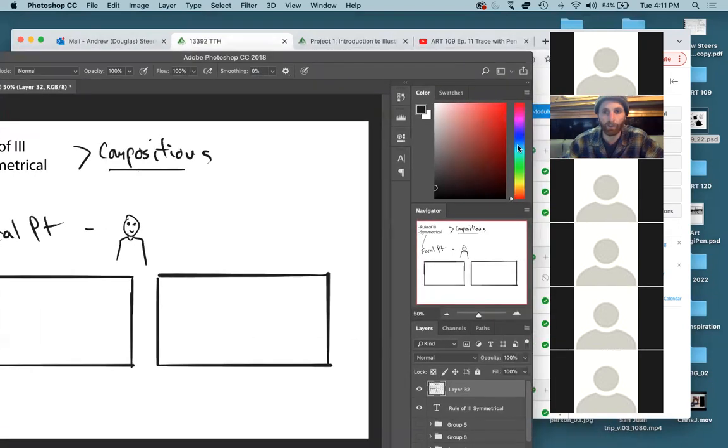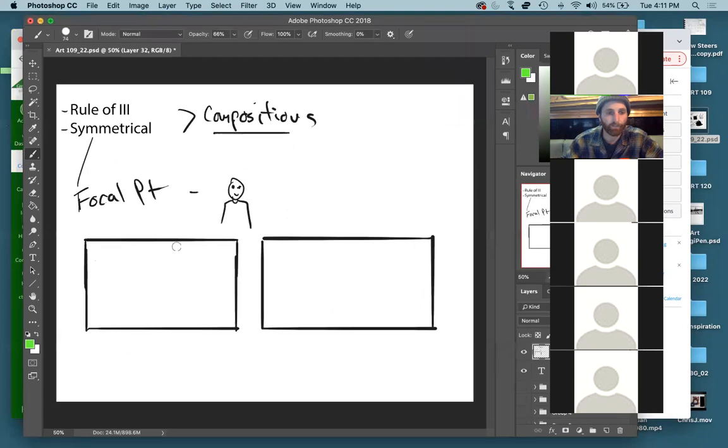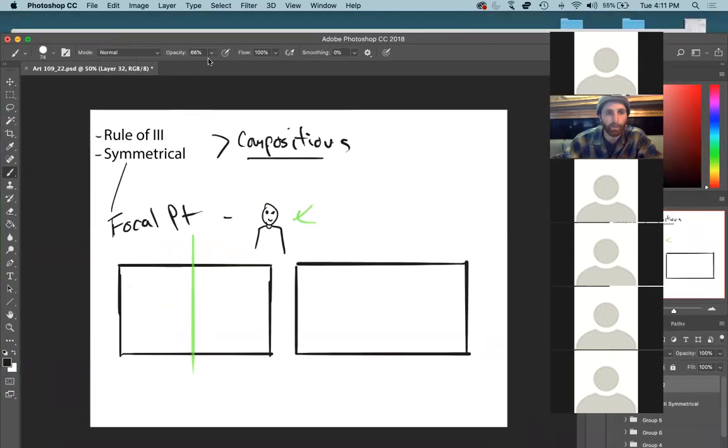One is symmetrical, and that one is oftentimes the default. People will do that if they don't know anything about composition. If you hand a little kid a camera and say, take a picture of this person, they will just put that person right in the middle. That creates that symmetrical look, meaning it's evenly divisible right down the middle and each side is basically balanced.